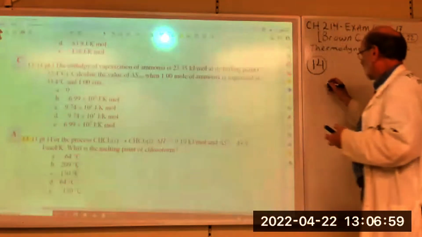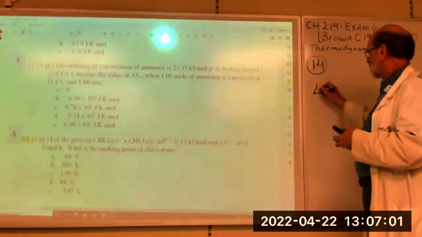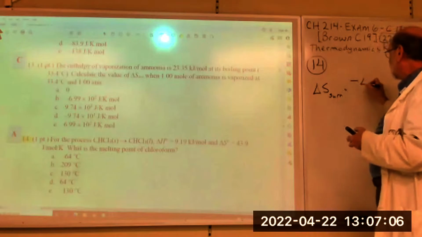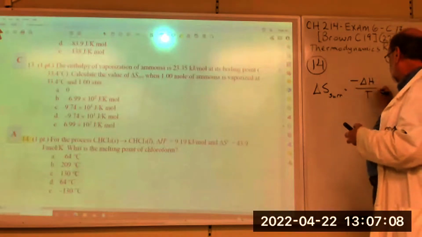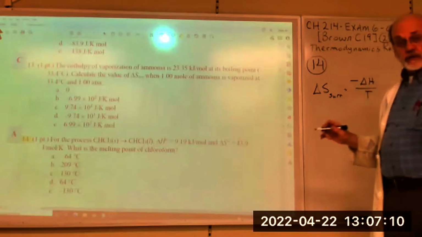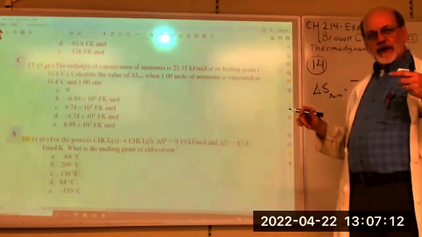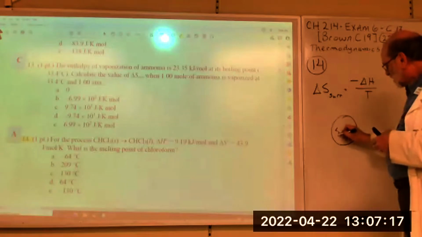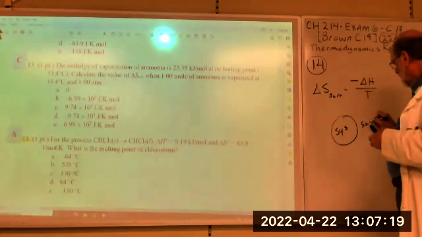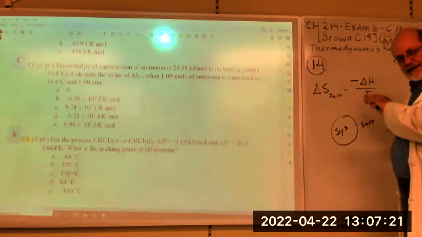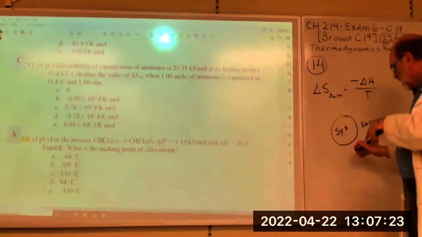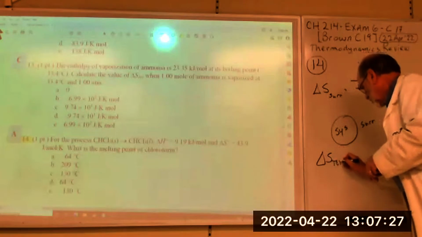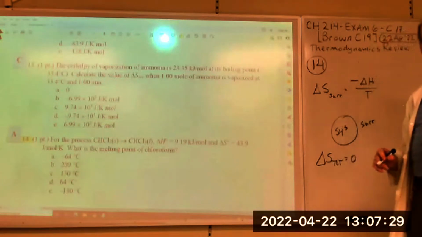And we could say the entropy of the surroundings is equal to negative delta H over T. And that's true. At equilibrium, we have the system in here, surroundings here. At equilibrium, the total is equal to 0.